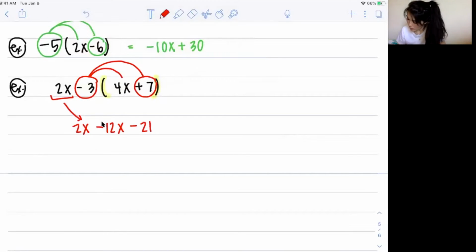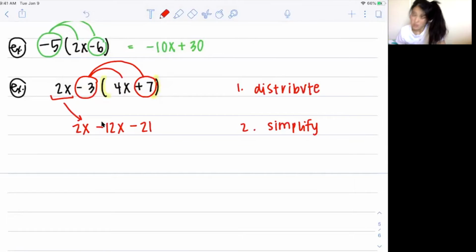And just like we saw last time, you now need to simplify this though. So first step we saw up here was to distribute, if possible. And then second step here is to simplify that expression, meaning to combine your like terms.